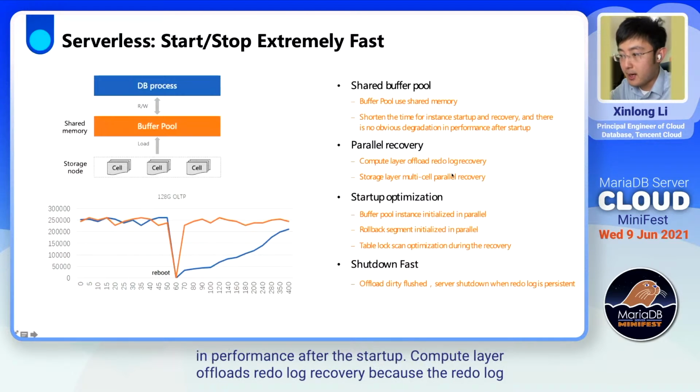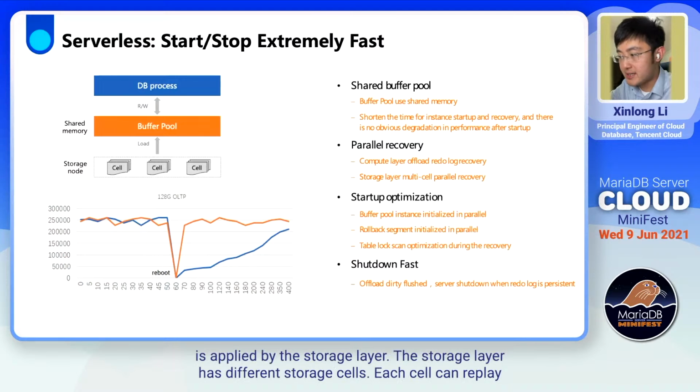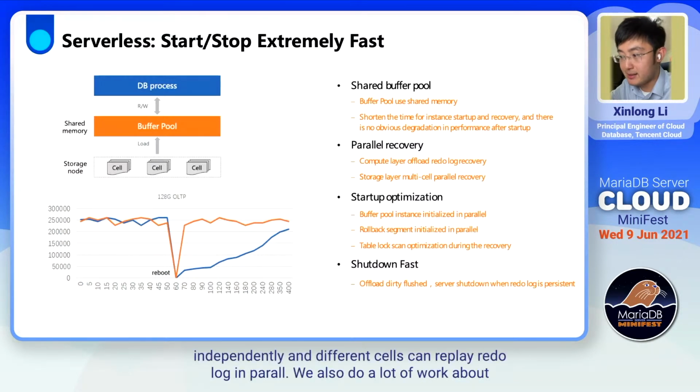The compute layer offloads the redo log recovery because the redo log is applied by the storage layer. The storage layer has different storage cells. Each cell can replay independently, and different cells can replay the redo log in parallel.